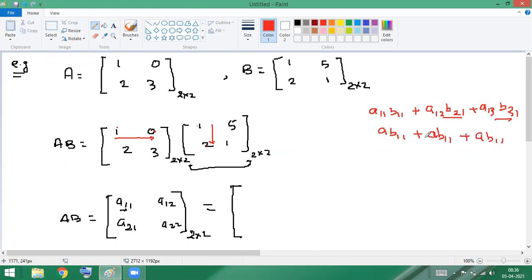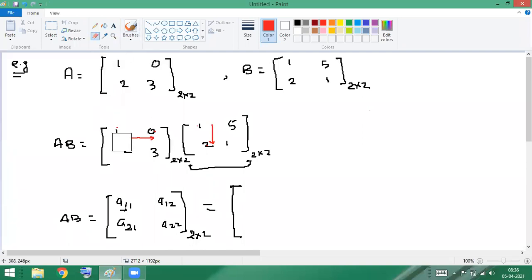It is possible that you will have to add many times, but remember that एक ही element से हम दो different matrices के element को multiply कभी नहीं करेंगे. Clear with this? एक element पहले का लेंगे और एक element हम उधर से ले लेंगे.